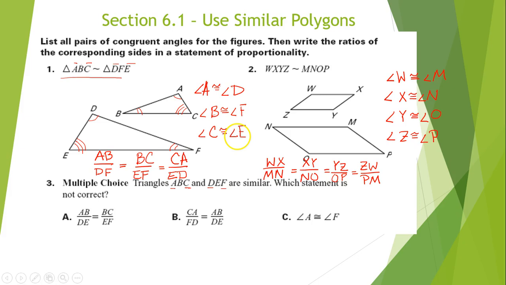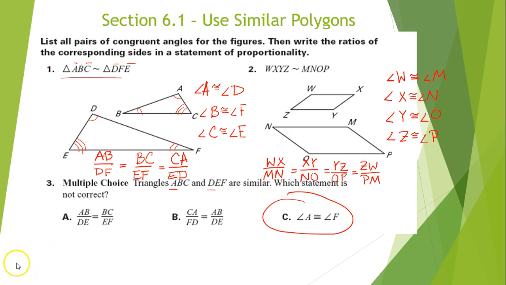And then AB over DE, that statement works too. Now let's look at this last one. It says angle A is congruent to F. Well, in the statement, if these are going in order, angle A and D are the angles that should be congruent to each other. So our answer to this one is C, because angle A is not congruent to F.